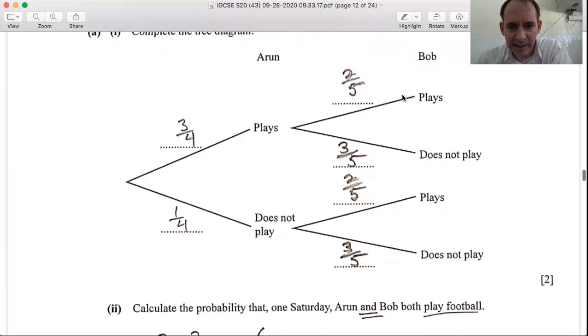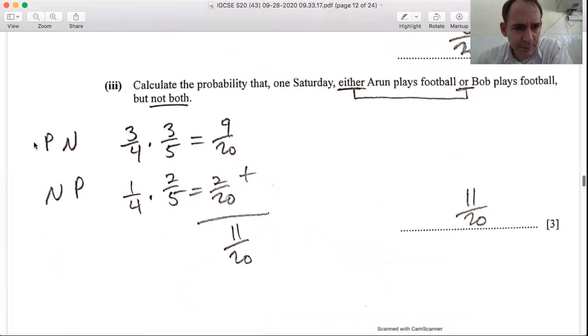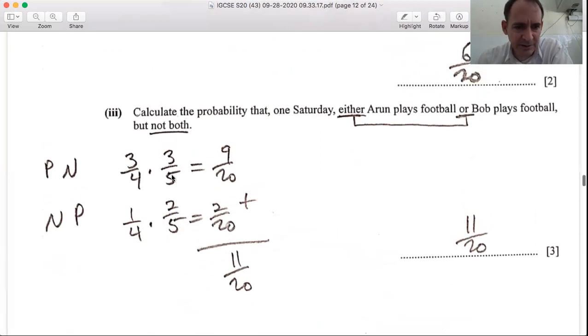And we cannot have them both playing together, and we cannot have them both not playing. So play for Arun, not play for Bob, or not play for Arun and play for Bob, gives us 3/4 times 3/5 for Arun, which is 9/20. 1/4 times 2/5 for Bob, which is 2/20.